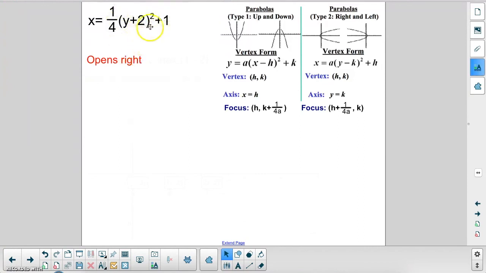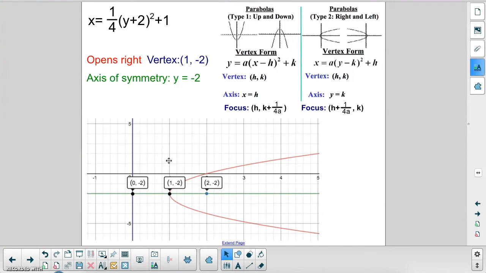In this equation, we can see that our k value is going to be -2, and our h value is going to be +1, so our vertex is going to be (1, -2). Our axis of symmetry is going to go directly through that y value of the vertex, so our axis of symmetry is y equals -2. The focus, we can actually look at the graph for this one. The focus is (h plus 1 over 4a, k).